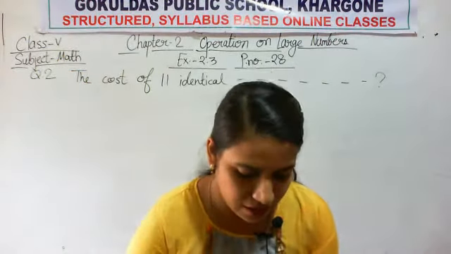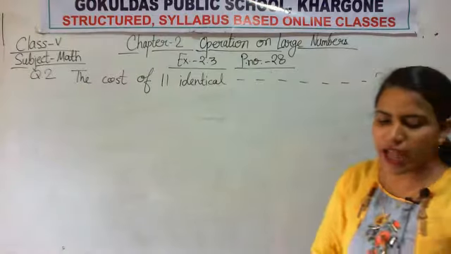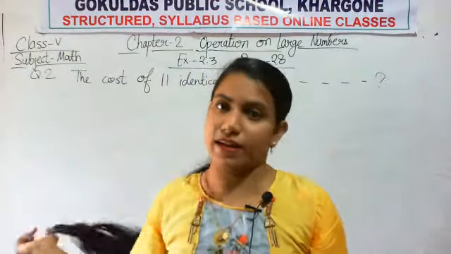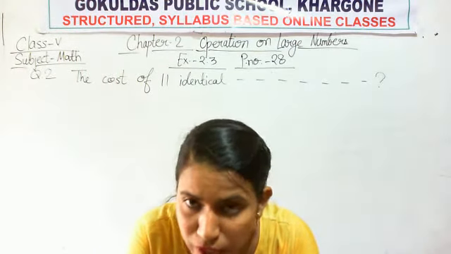Now start reading the question. What is the question? The cost of 11 identical mobile phones is rupees 91,300, right? And what is the cost of one mobile phone?